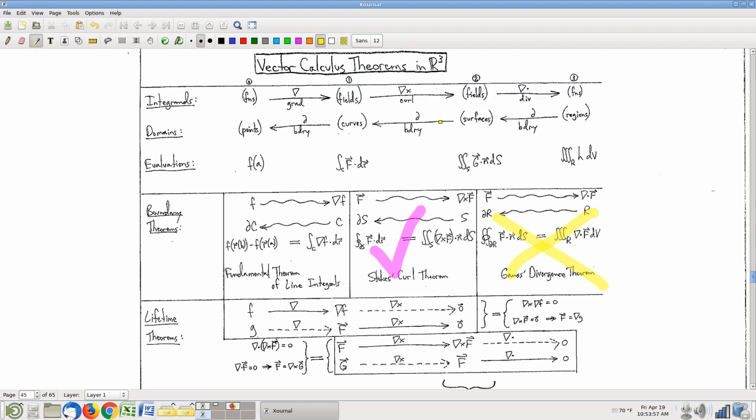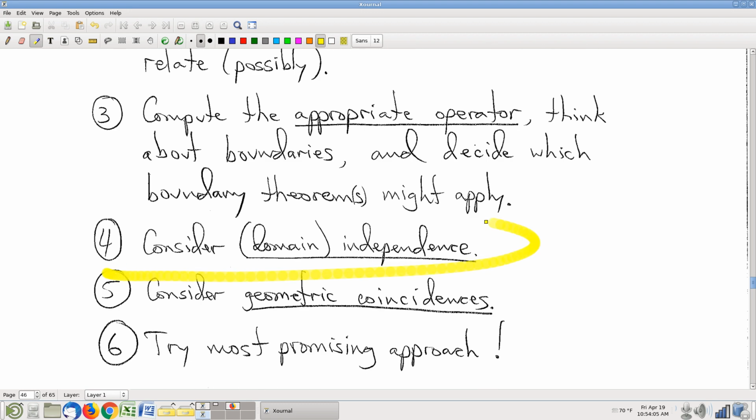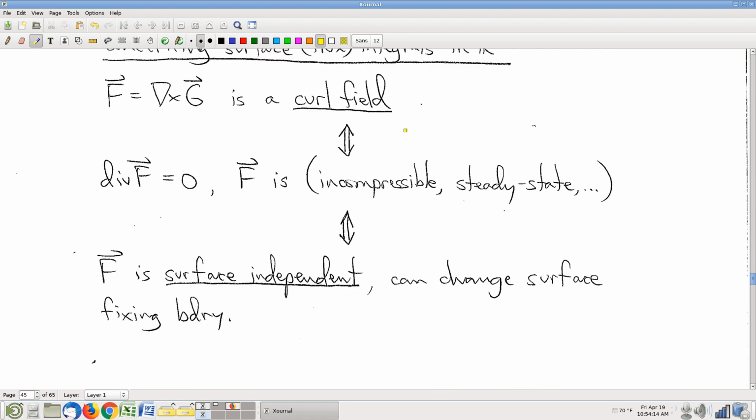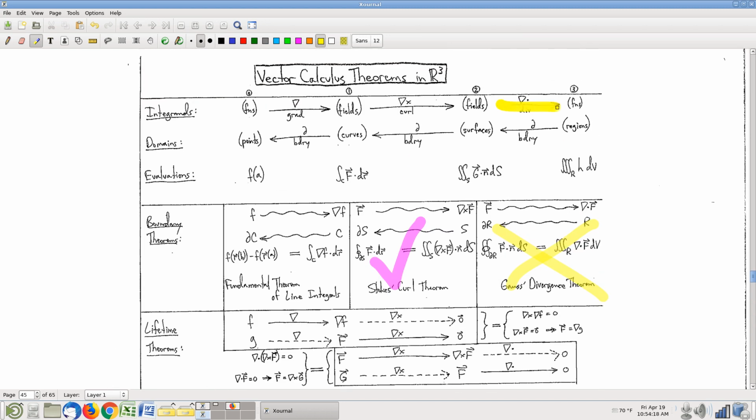All right, so should you just proceed with Stokes' curl theorem? Again, slow down. Don't forget, always be on the lookout for geometric good fortune: path independence, surface independence. In this case, because we've already computed the divergence and got 0, we know that surface independence applies.